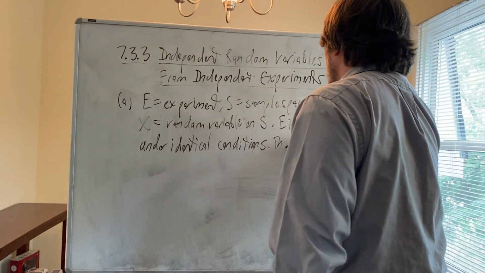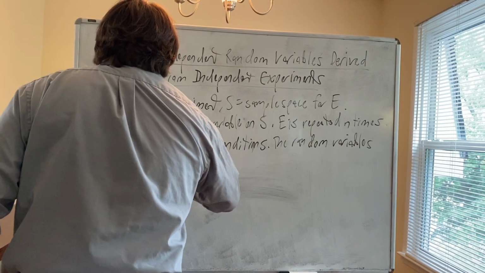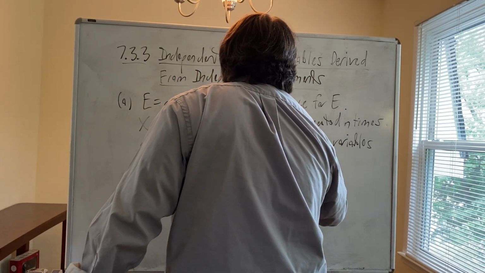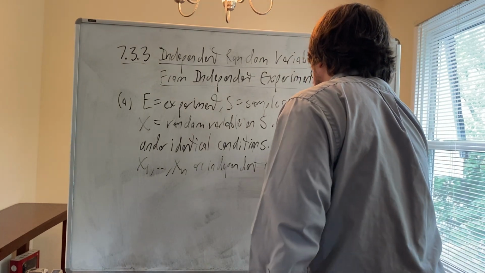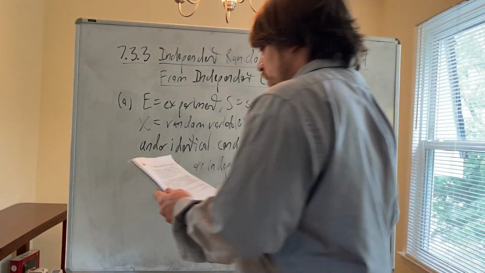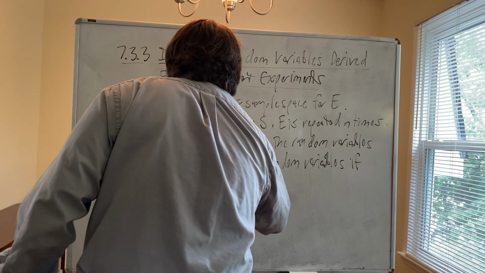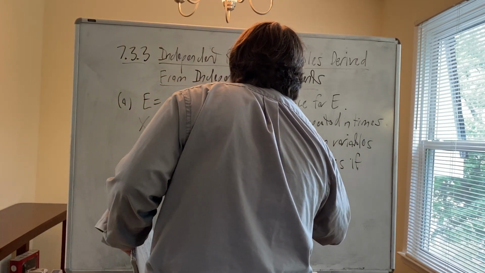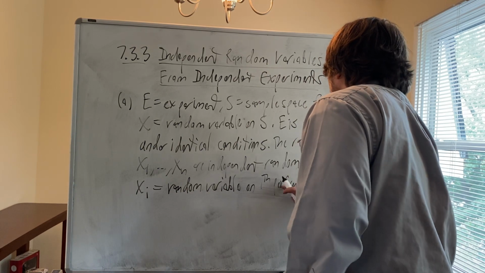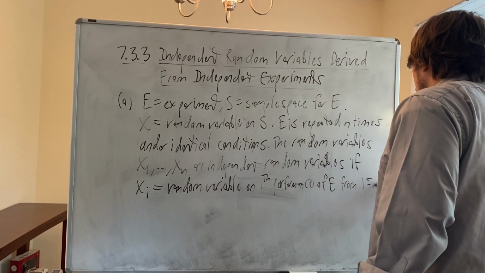The random variables x1 to xn are independent random variables if x sub I is the random variable on the ith performance of E, under identical conditions, for 1 less or equal to I less or equal to N.